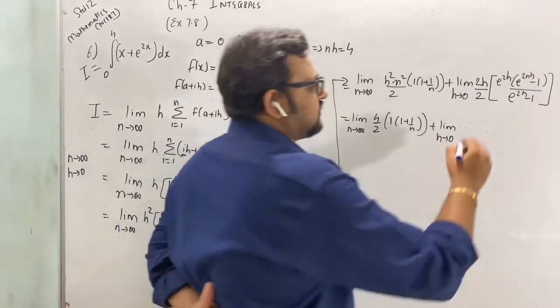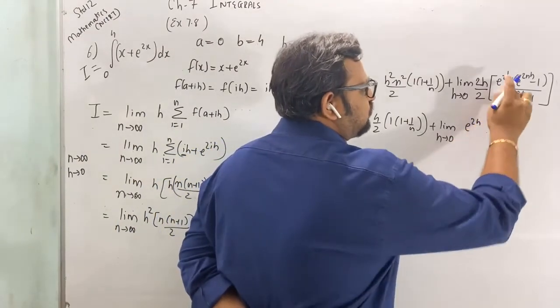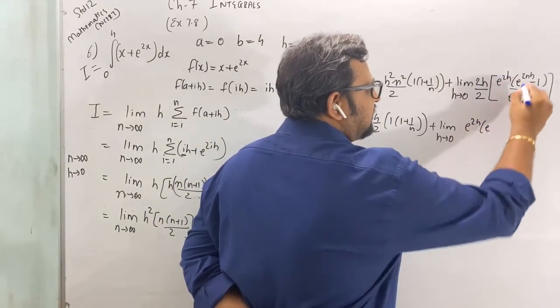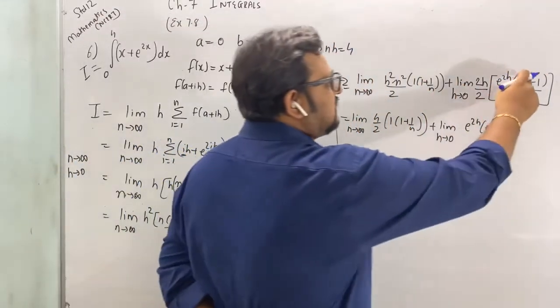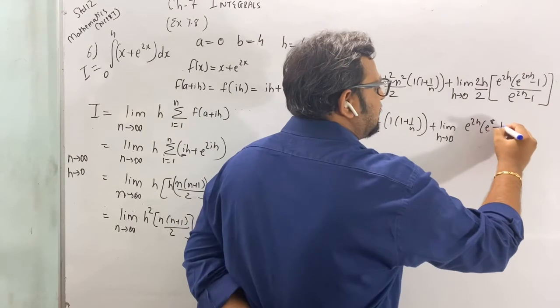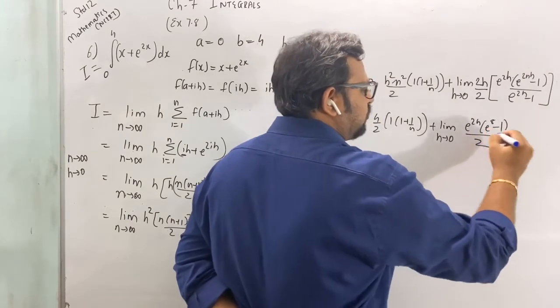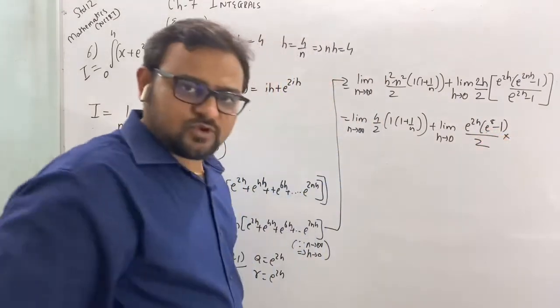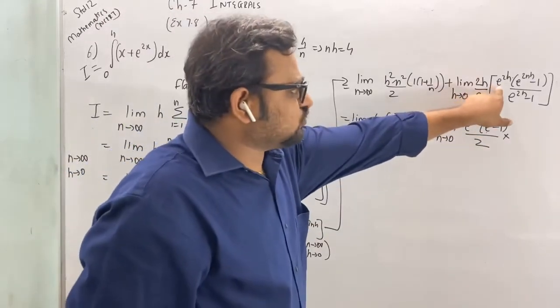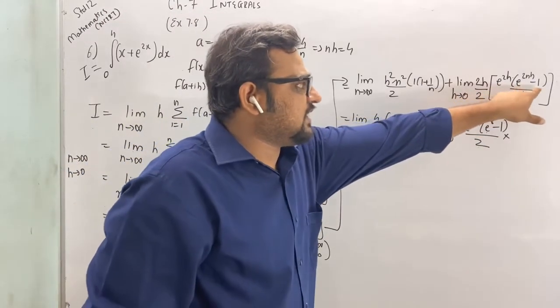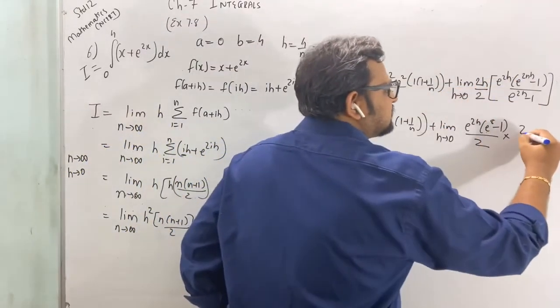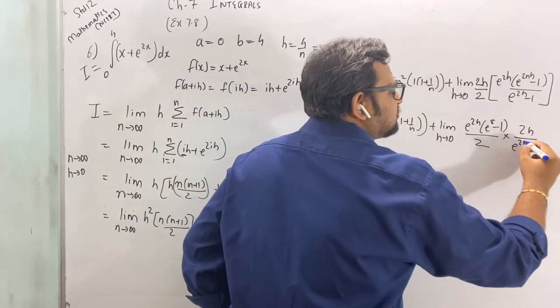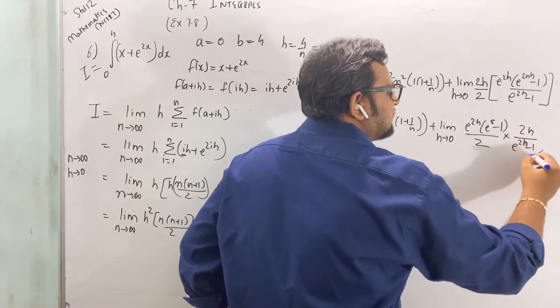Clear? So it's e raised to 2h, e raised to 2nh. What is nh? 4. So 4 to the 8 minus 1 upon 2 into, okay, say I have written e raised to 2h, e raised to 2 into 4, 8 minus 1 upon 2. So remaining is this 2, 2h upon e raised to 2h minus 1.